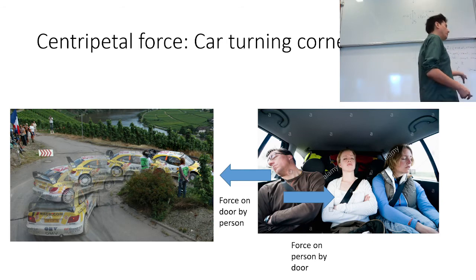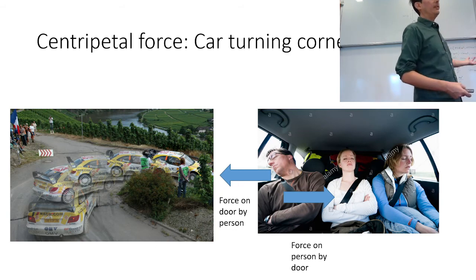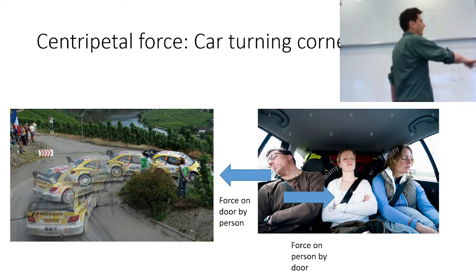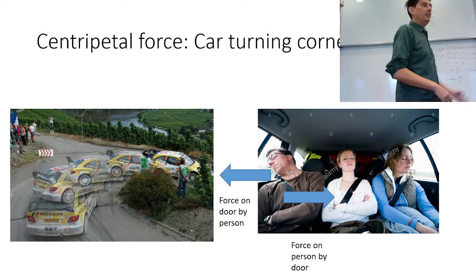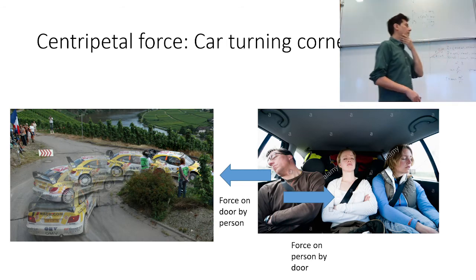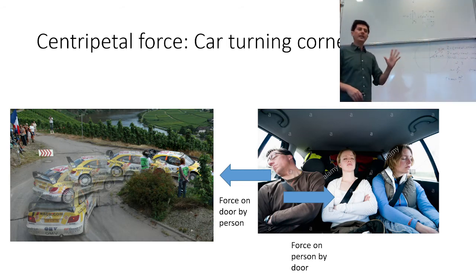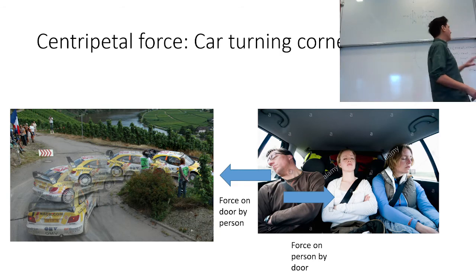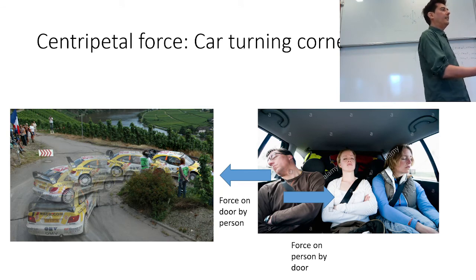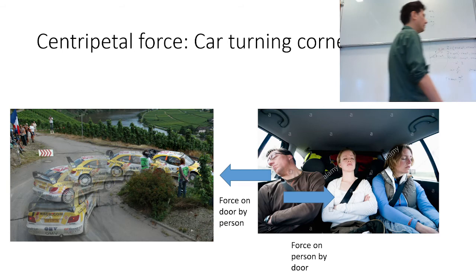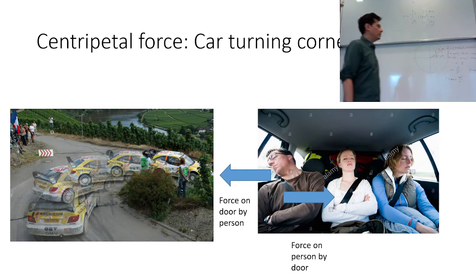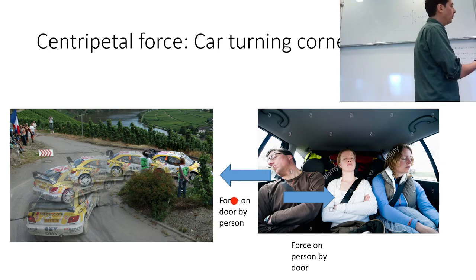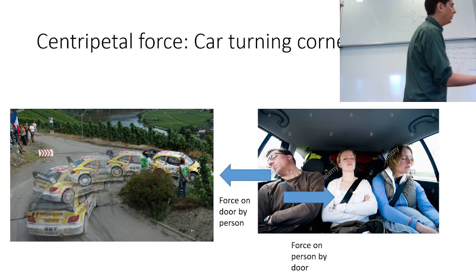So you are pressing on the door to the left, then the door is providing a force on you to the right, and that force is actually the centripetal force that eventually allows you to turn the corner, right? So it's a combination of Newton's first law, third law, and the centripetal force that allows you to stay in the car and go around the corner. There are a couple of steps involved there, but eventually the centripetal force is coming from this force that the door is acting on you.